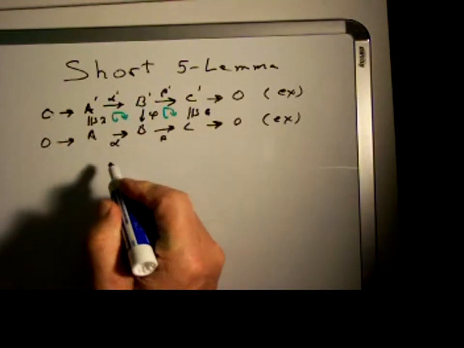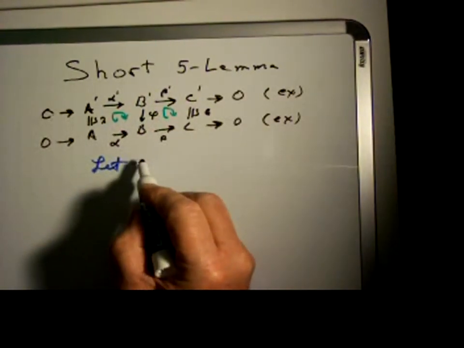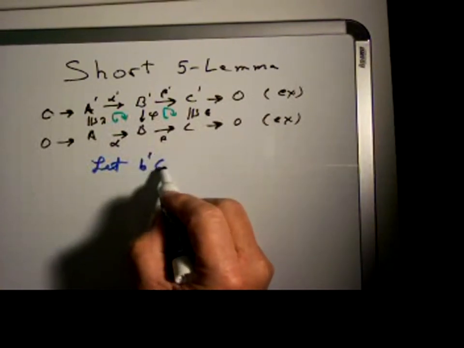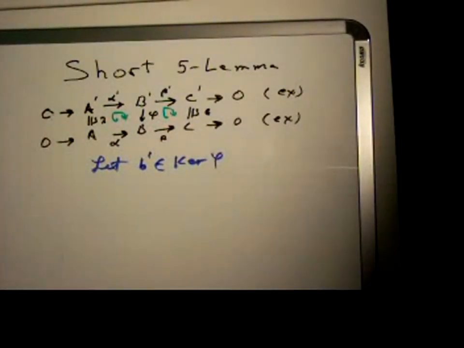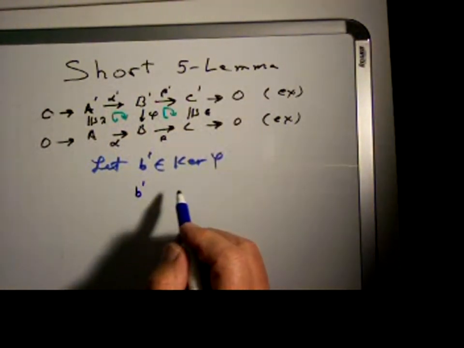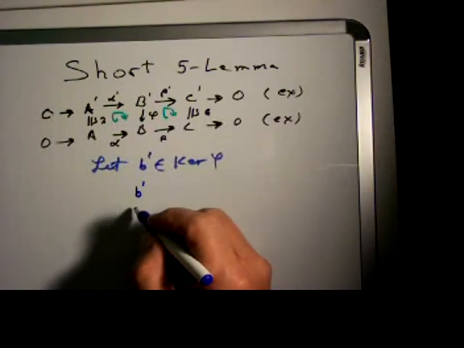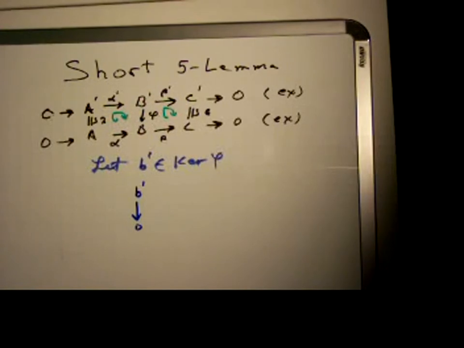So let B prime be in the kernel of phi. Okay. So we'll have our go back down like this again. B prime, and it goes down to 0 here. That's all we know so far.